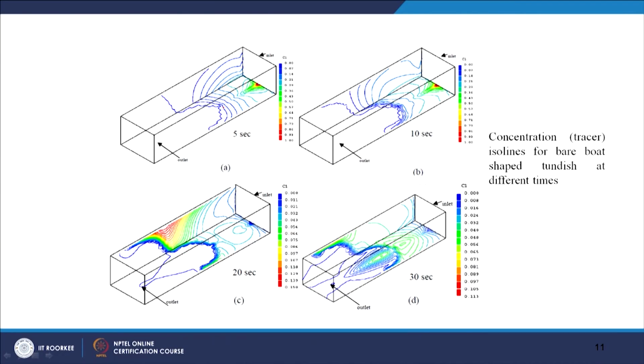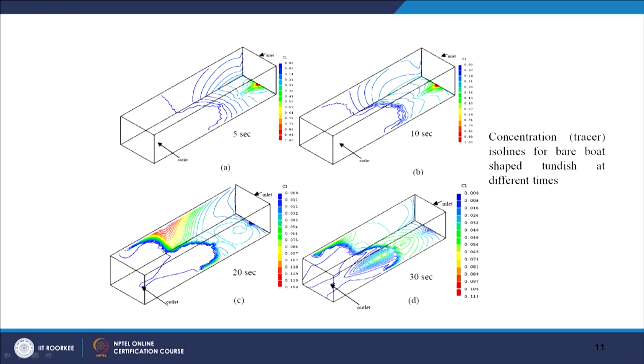At different times, if you look at 5 seconds, the tracer has advanced up to this point, and then at 10 seconds, this is for the bare boat shape Tundish. These concentration isolines help you understand how the tracer is moving towards the outlet.